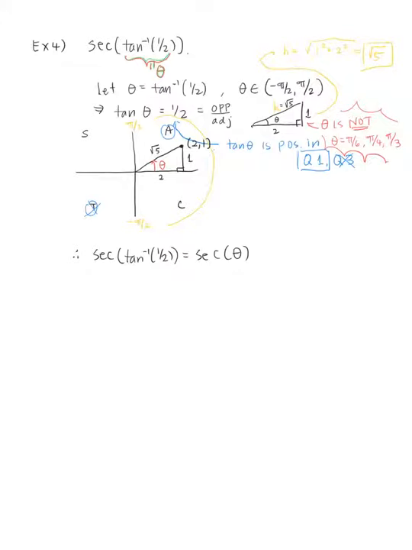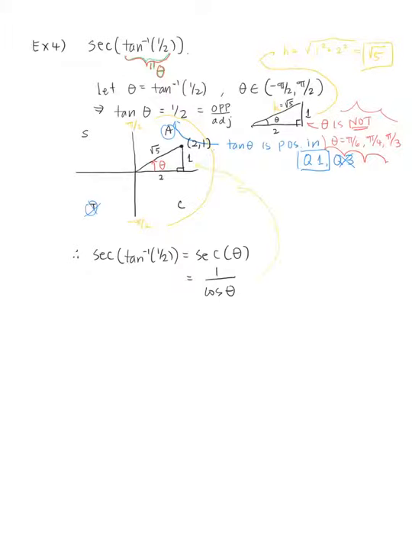All right. So all you have to do is look at that triangle and compute the secant of theta of that triangle. Secant is 1 over cosine of theta. Now look at this triangle here.